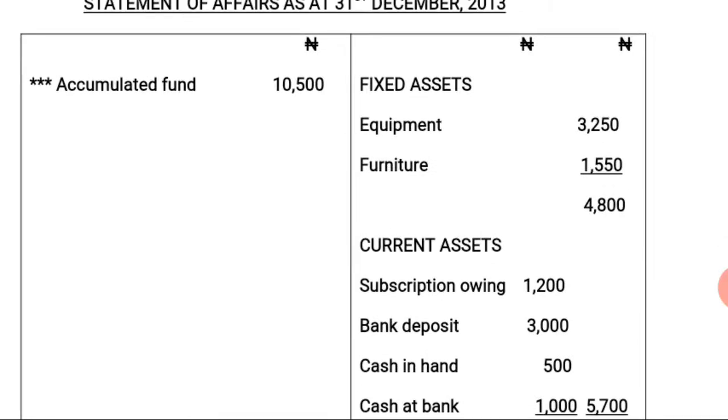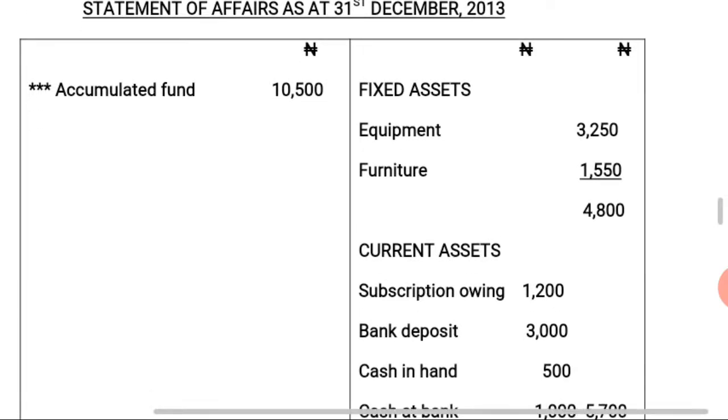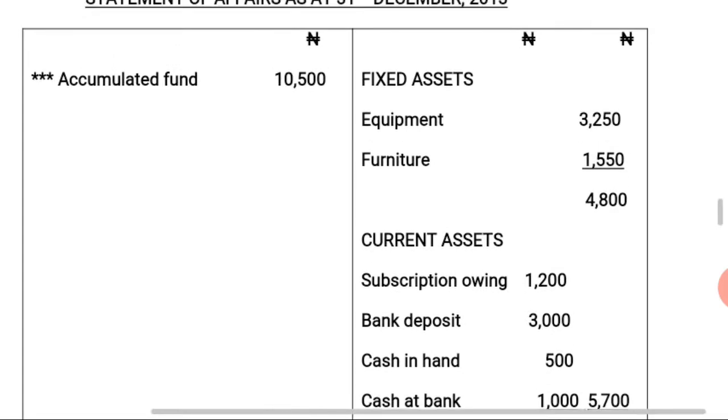All these things need to be used in preparation of the statement of affairs in order to determine the accumulated fund as at the beginning of the year. And as I had informed you before, accumulated fund simply means the capital of a non-profit making organization.